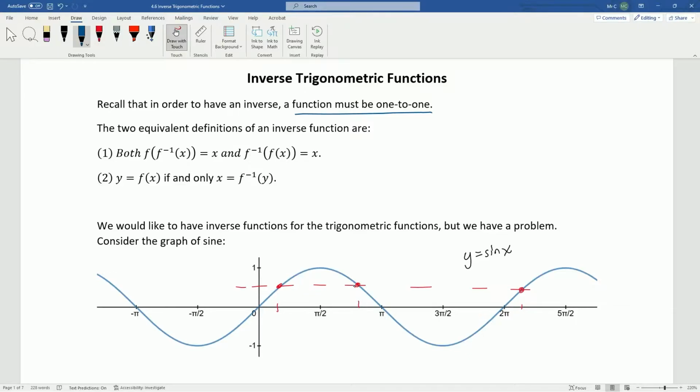So why do we want the trig functions to have inverses? It's the same reason we want any function to have an inverse, because it gives us a tool to solve equations. It also helps us solve other types of real-world problems.